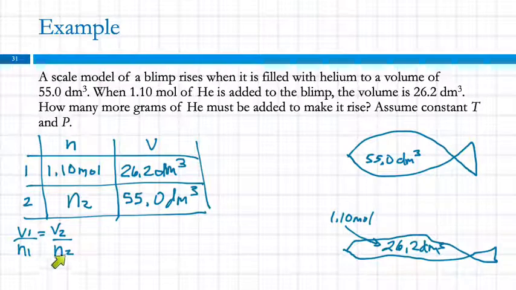So here I have N2 in the denominator. I can move it upstairs on the other side, and I can take V1 and put it downstairs. And this N1 I can move from downstairs here to upstairs there, and I can actually just rearrange this by looking at it. And if you're like, wait a minute, how did you do that? Either ask me to show you during lab or do it the other way.